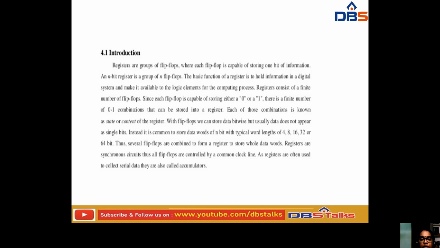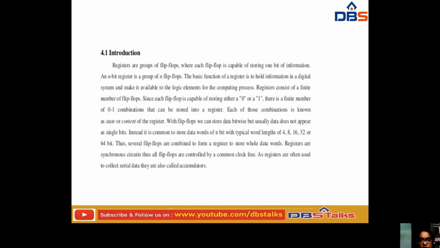We have multi-purpose registers like 4 bit, 8 bit, 16 bit, 32 bit or 64 bit registers. We already know about the different types of word lengths, such that several flip-flops are combined to form a register to store whole data words.